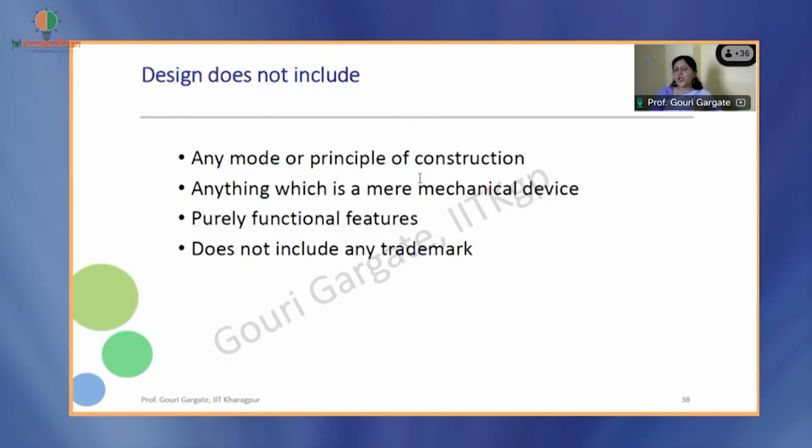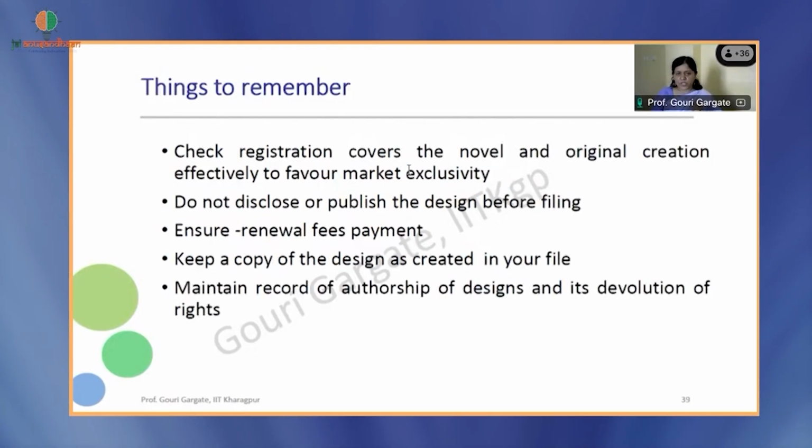It should not include mode or principle of construction, because that is a function of a patent, which is mere mechanical design. That is not acceptable. Purely functional features, again, are the work of a patent. And the trademark, like Sunrise, the name which is given, is a trademark. So that will not come into design protection.